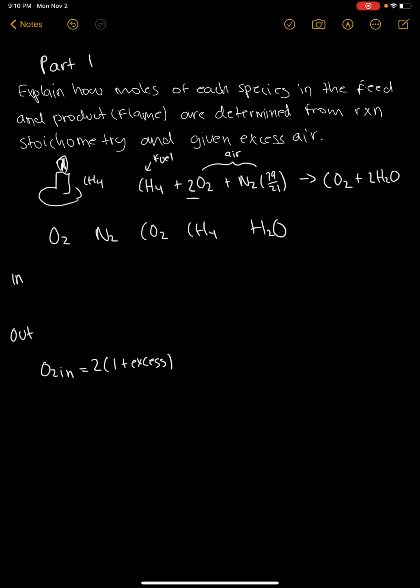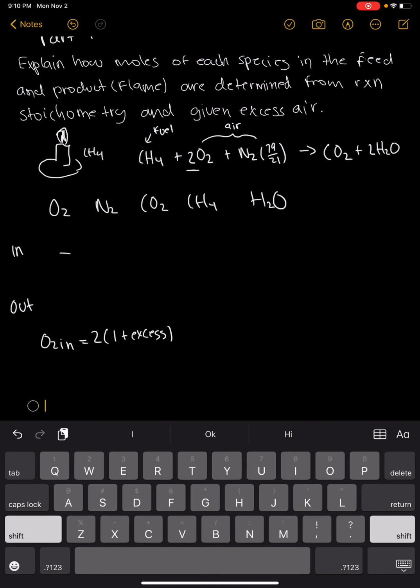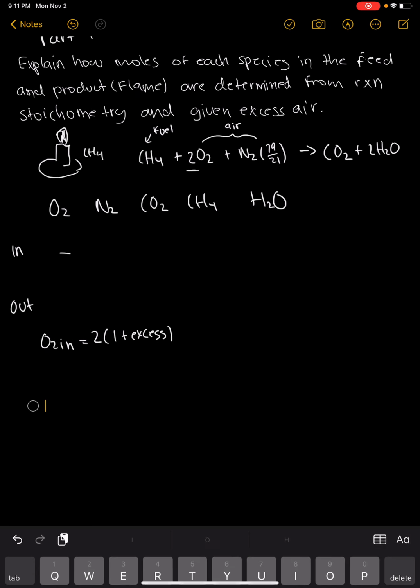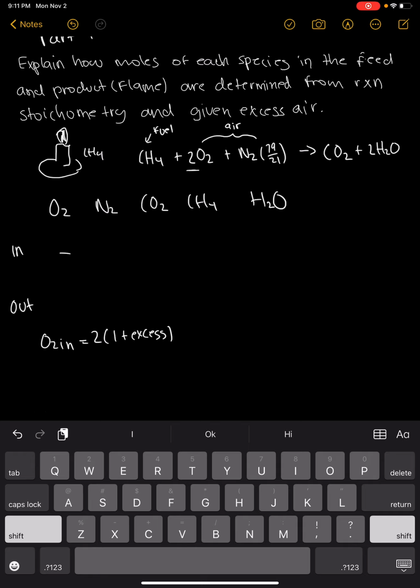So that's what's going in for the oxygen. And for the nitrogen, actually, I want to explain this part a little bit. This part right here. Give me a second. My pen isn't working.